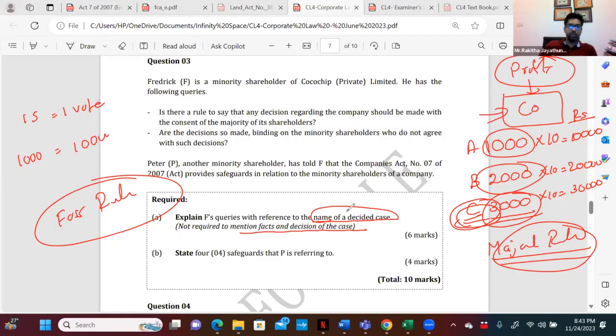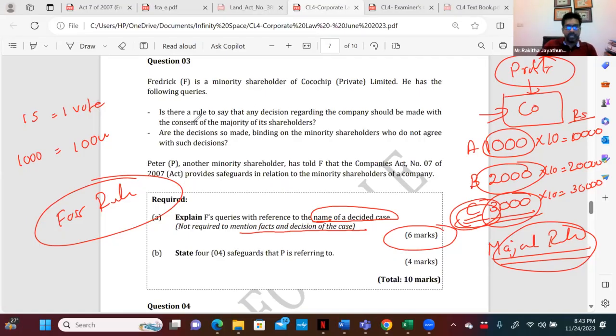They are asking you to mention the name of the decided case only. It is Foss versus Harbottle. But they have allocated 6 marks, therefore you explain the rule. They're asking, what is the rule here?